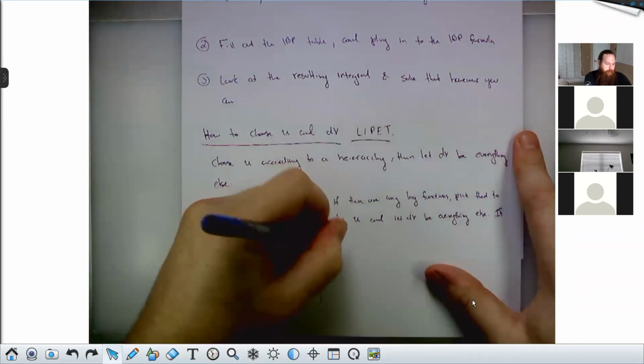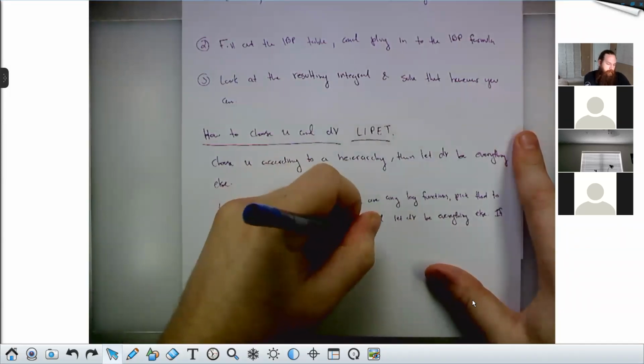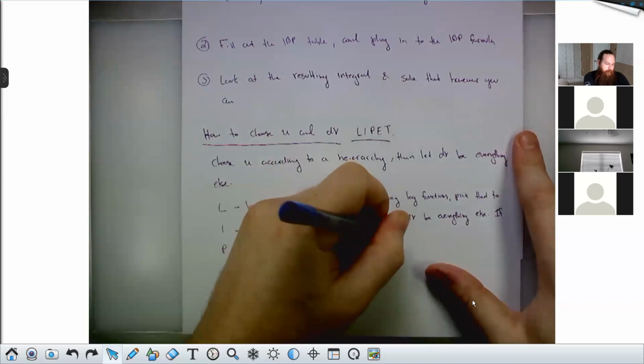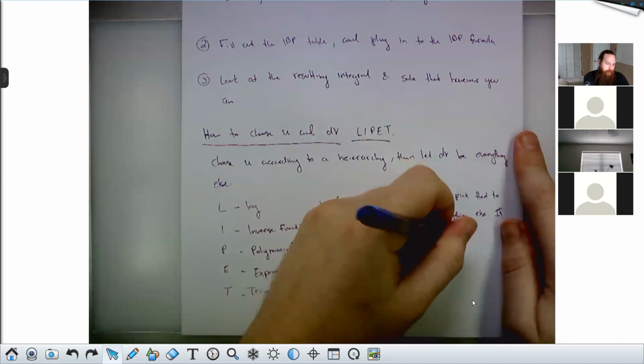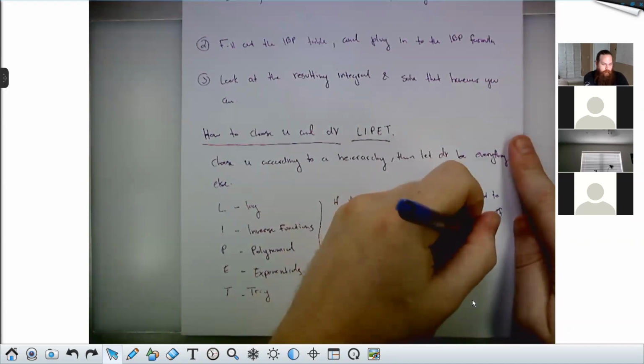If there aren't any logs, look for inverse functions.